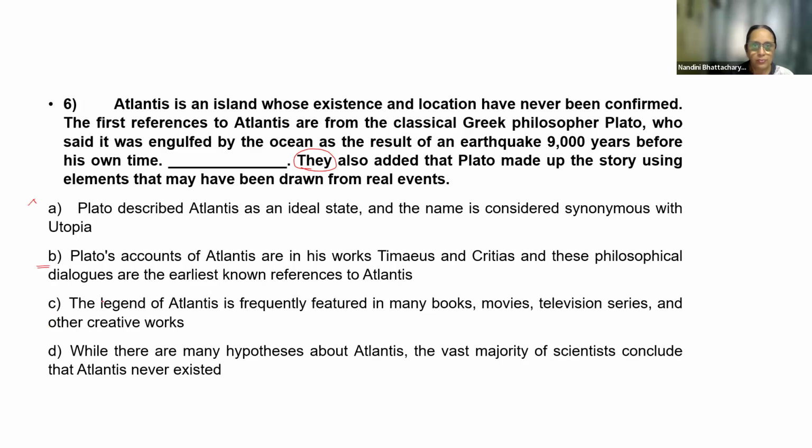Okay. So, Avni, what's your answer? D. Okay. Shyam, according to you, B is the answer? Yes, ma'am. Okay. So you've read the others also? Yes, ma'am.